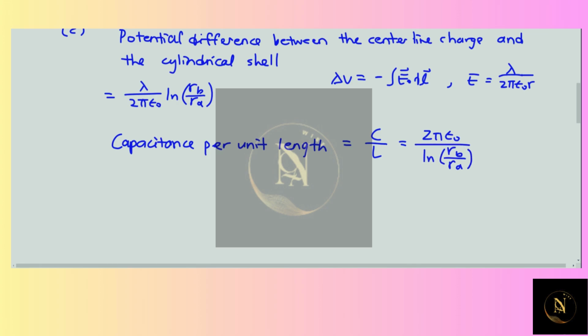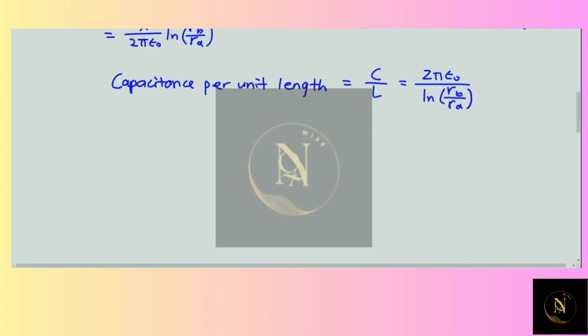Then our U over L is half CV square times 1 over L. This part is actually our U, and then you multiply by 1 over L. So you have half C over L times V square.